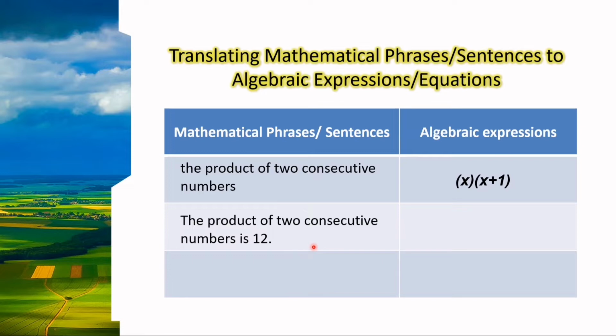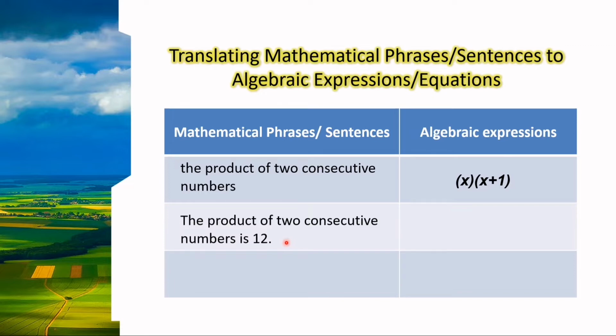The product of two consecutive numbers is 12. Is this a mathematical phrase or a mathematical sentence? Correct. This is a mathematical sentence. As you can see, it starts with a capital letter, it ends with a period, and it states a complete thought. Therefore, this is a mathematical sentence.